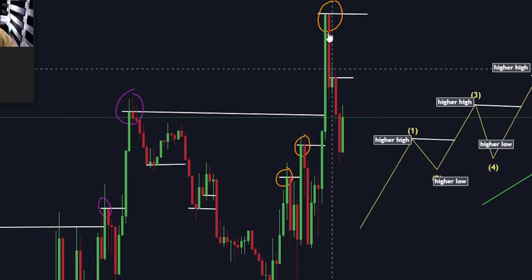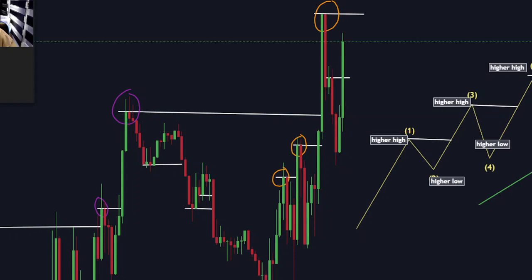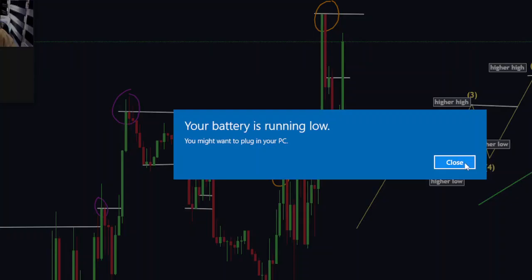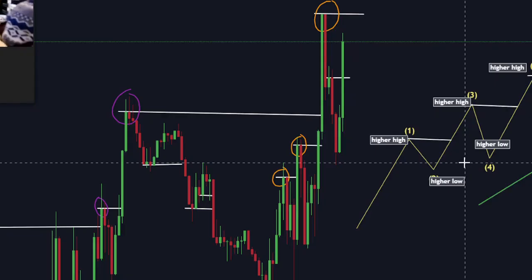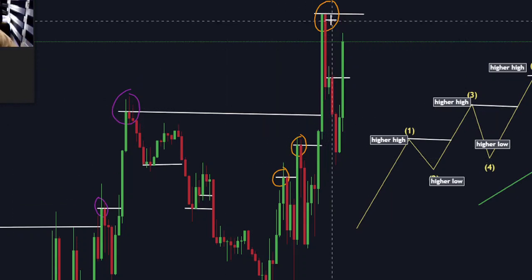This is a structure, and this is a structure. So it went like this and broke this structure. This structure has been broken because this candle closed above it. So it broke this structure, but it didn't break the other one.